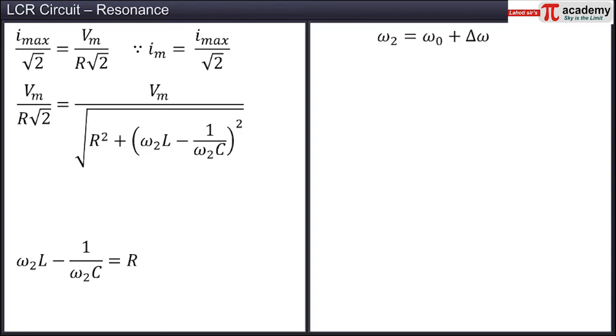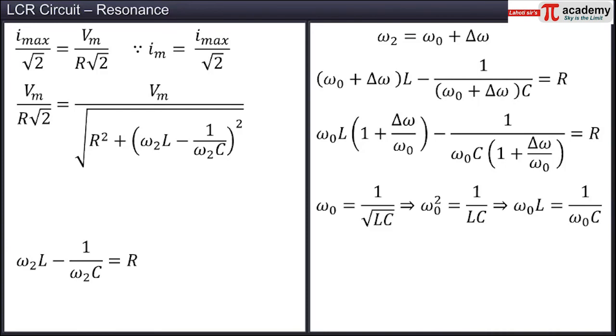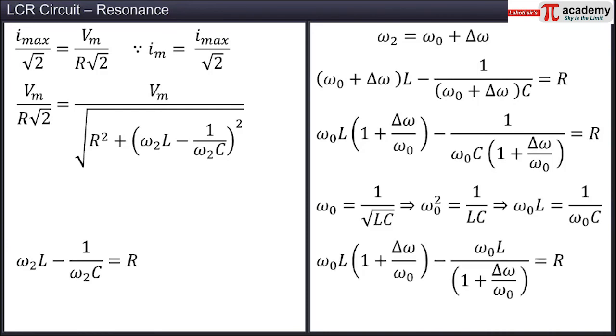Substituting the value of omega 2 is equal to omega naught plus delta omega in this equation and simplifying, we get equation 3 as shown.